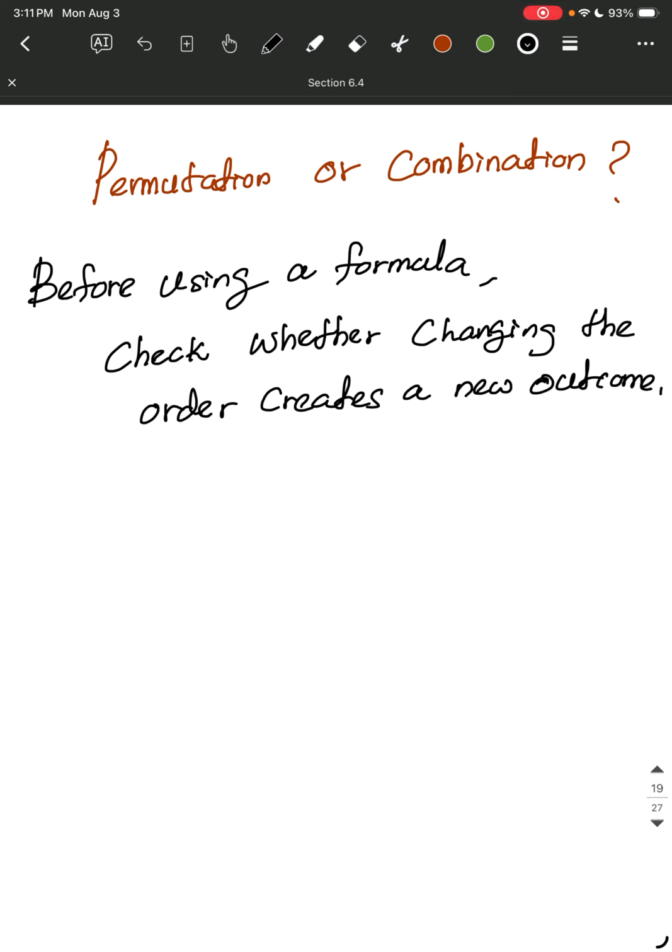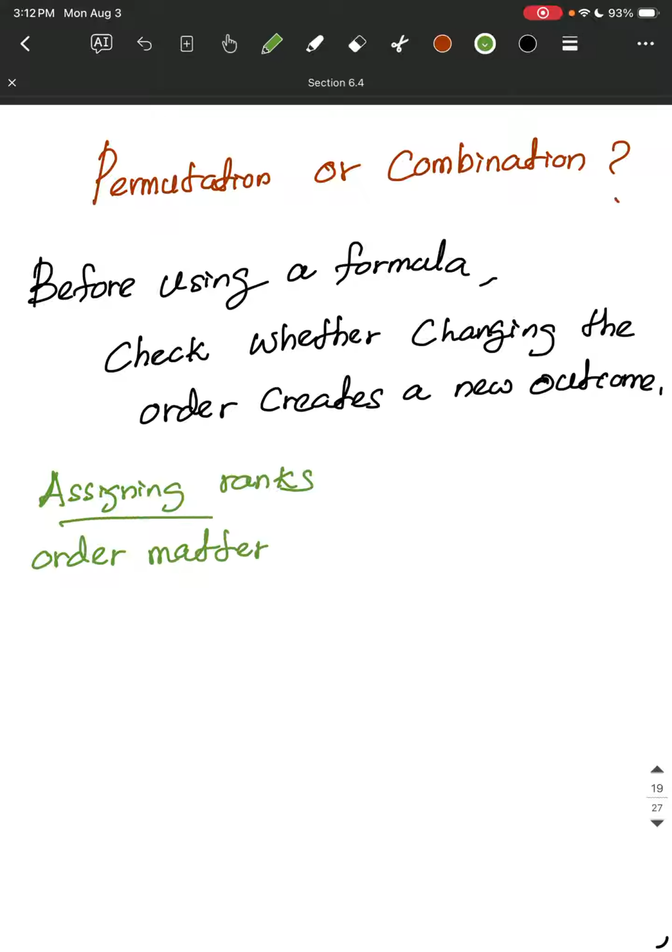So, for example, assigning ranks, order matters. Use permutations. Forming a team, order does not matter, use a combination.